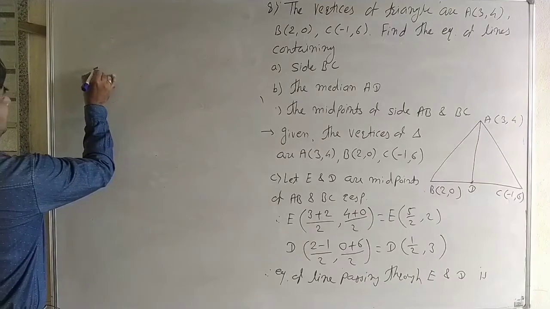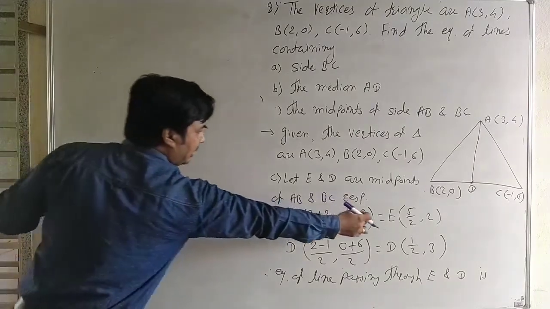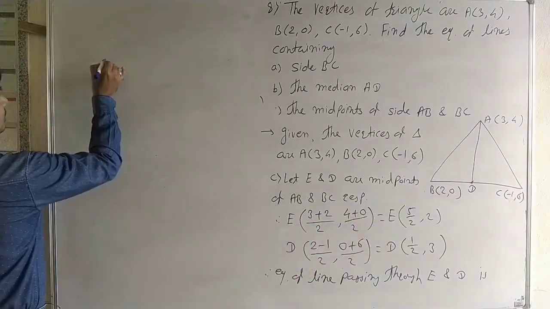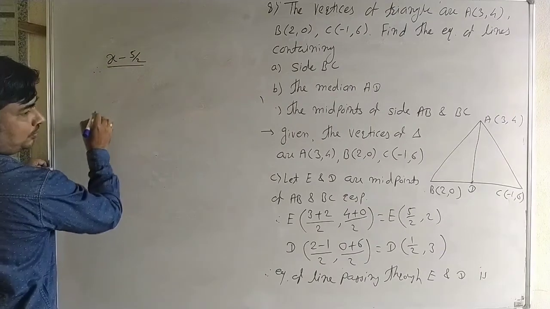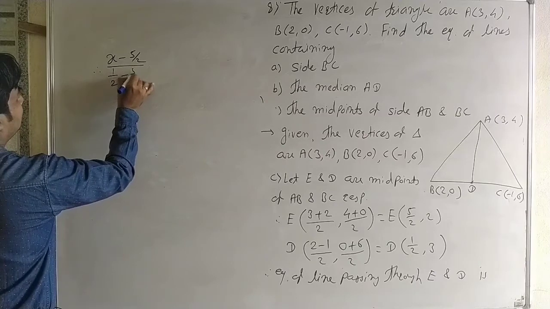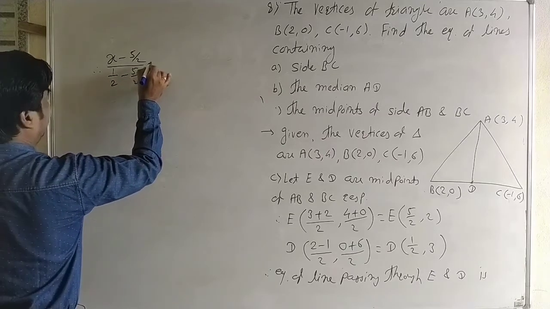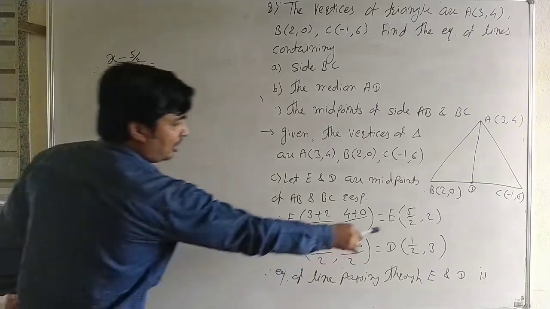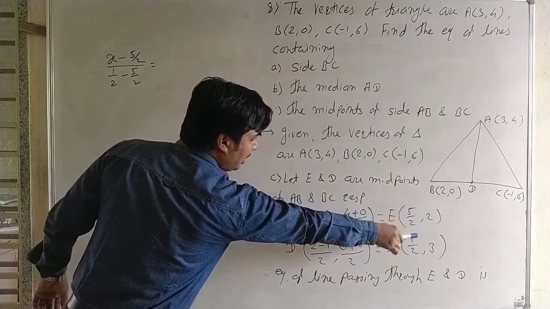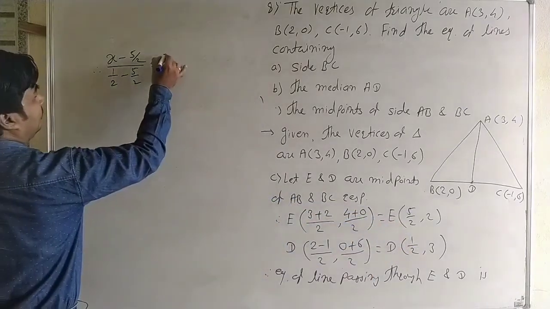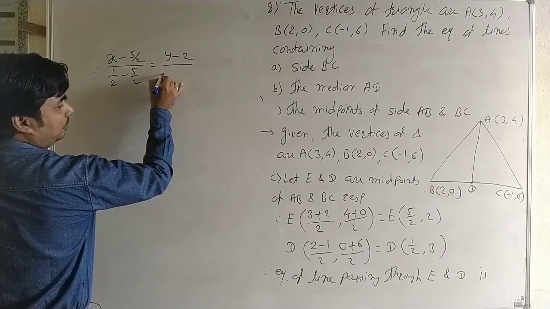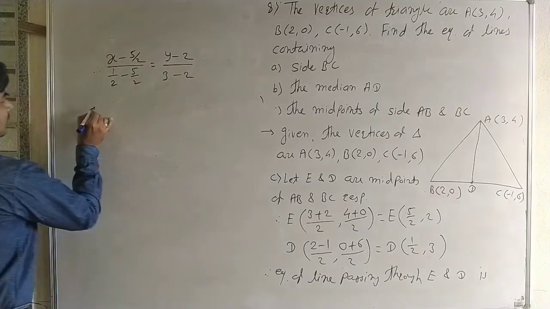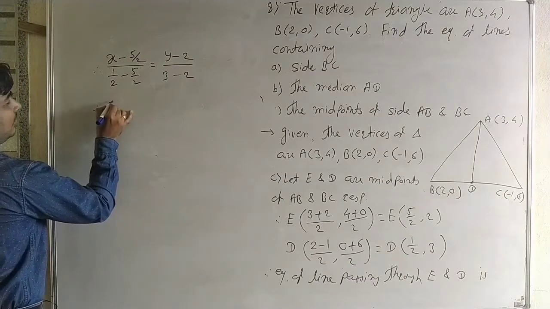Therefore you can write (x minus x1) upon (x2 minus x1) is equal to (y minus y1) upon (y2 minus y1), where y2 is 3.